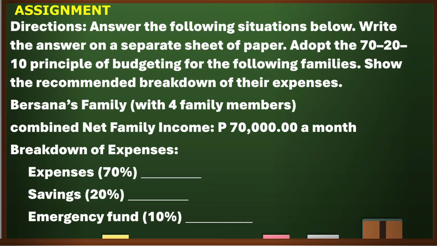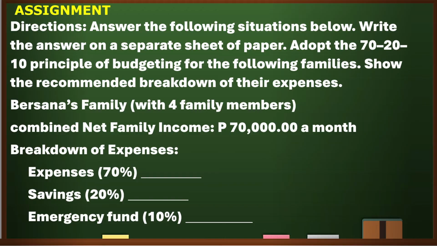Now for your assignment, answer the following situations below. Write the answer on a separate sheet of paper. Adopt the 70-20-10 principle of budgeting for the following families. Show the recommended breakdown of their expenses.